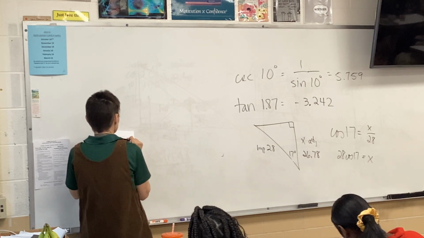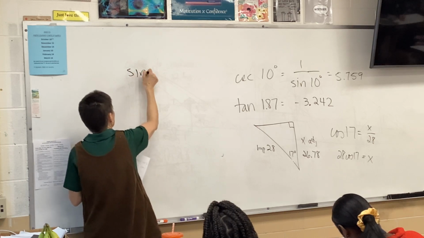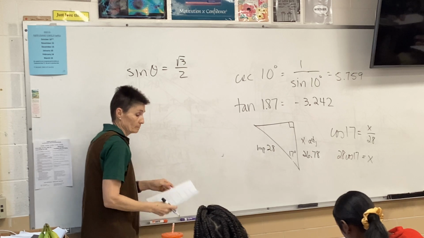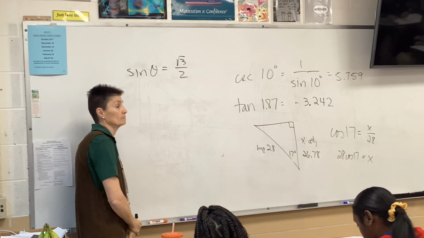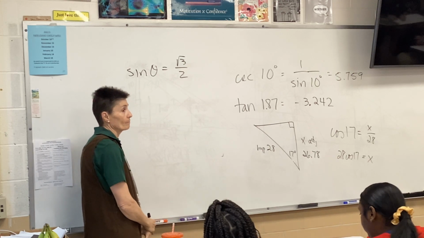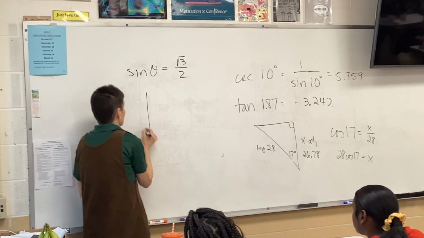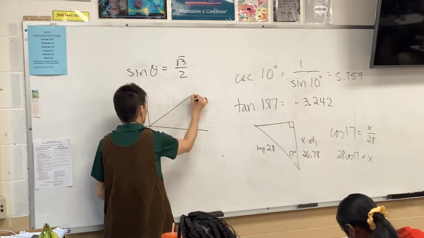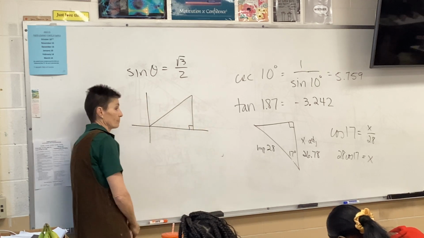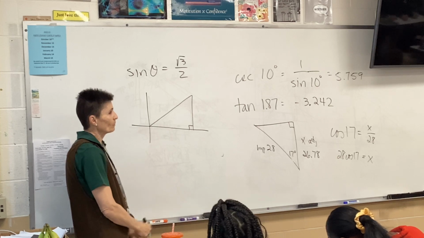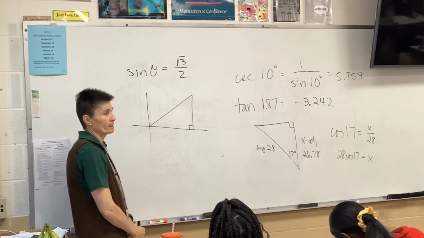Find theta in degrees, and we know sine theta is √3 over 2. So I'm going to draw this triangle. When I'm left on my own, I always draw that triangle. That's the triangle to draw.